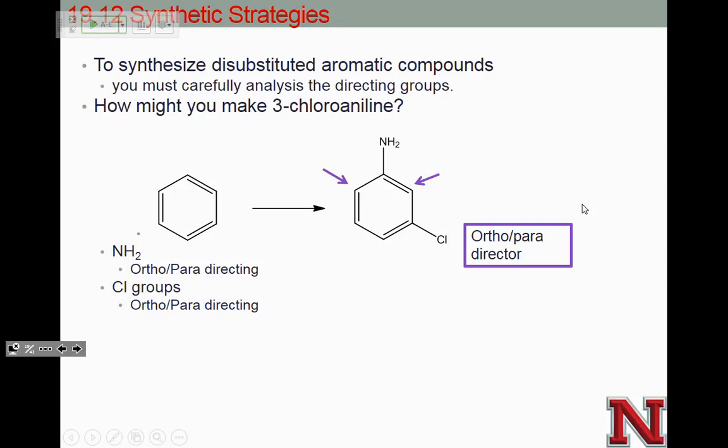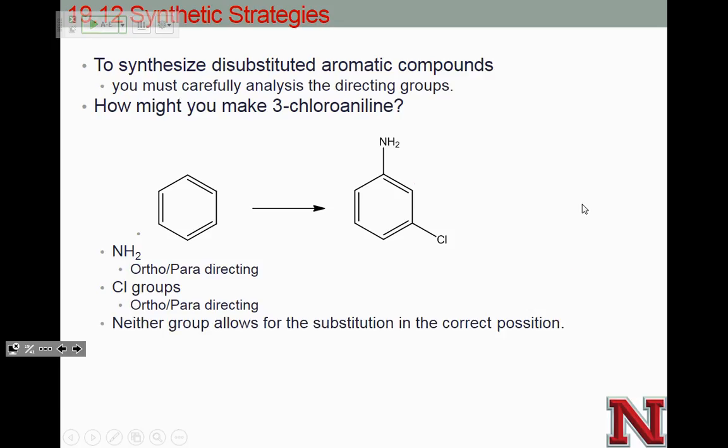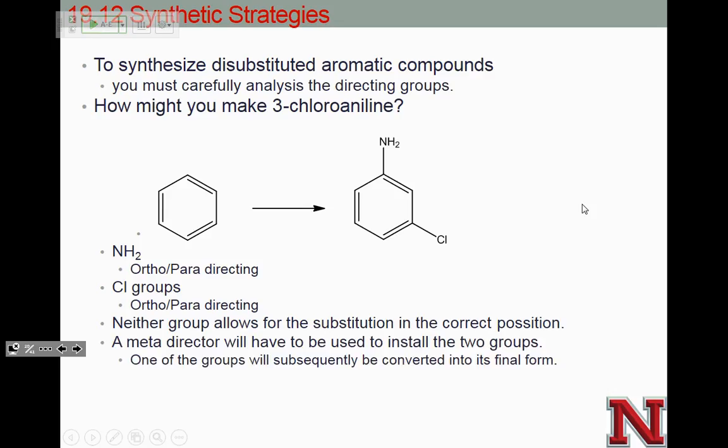Chlorine is an ortho-para director, and this is pointing ortho to chlorine and para to chlorine. Notice NH2 is not in that case. So does that mean there's no way to make this? There is a way to make this particular one, even though neither of these groups allow for substitution in the correct position. And it's based on the fact that we have to do nitration and a reduction.